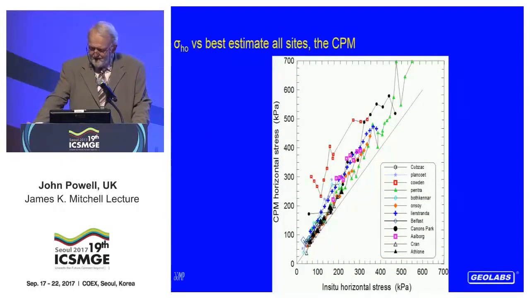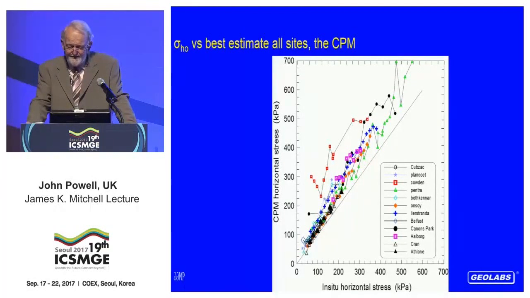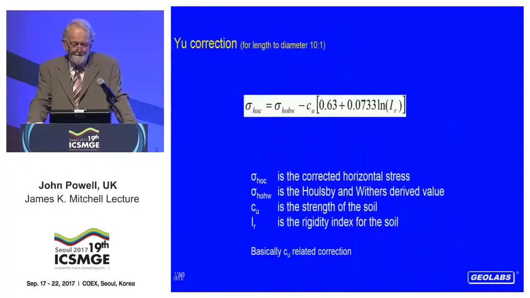We can also determine, this is to show you very briefly some work that's been going on, in determining horizontal stresses from the cone pressuremeter. This is one of the hardest things for us to determine regularly, is horizontal stresses. And you can see here, I hope, that we got pretty consistent results from a number of sites between the interpreted horizontal stress and the best estimate, but all over reading.